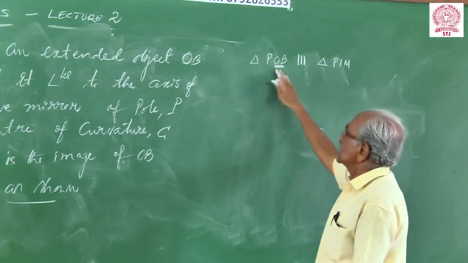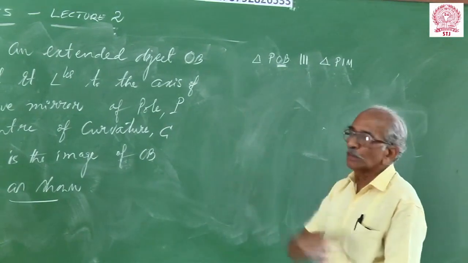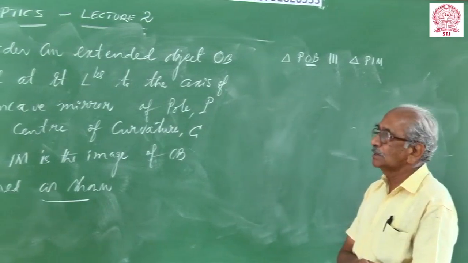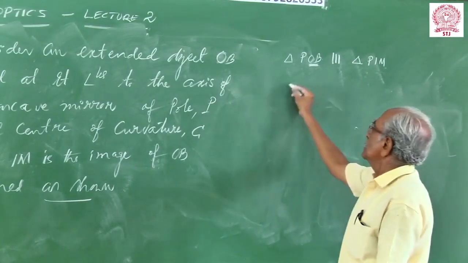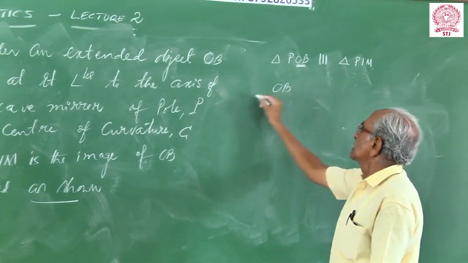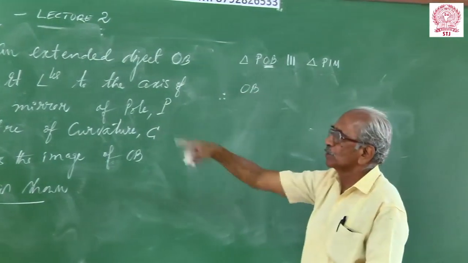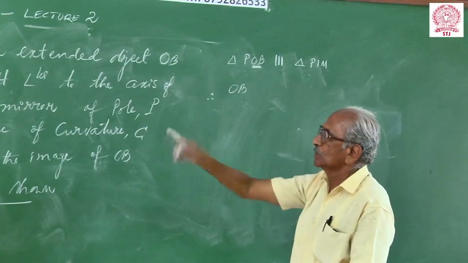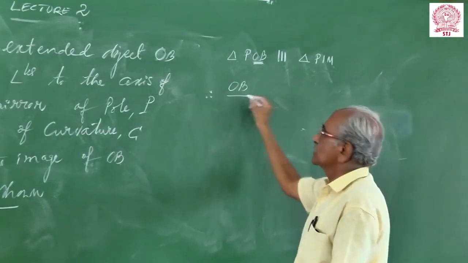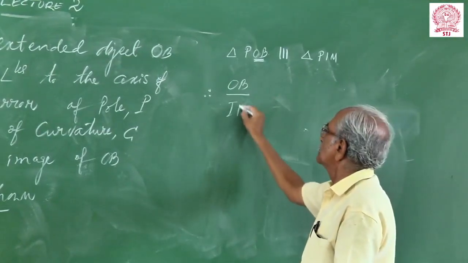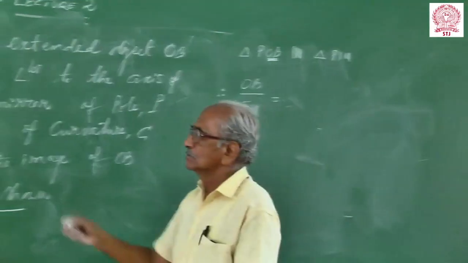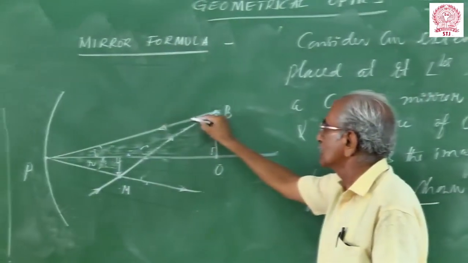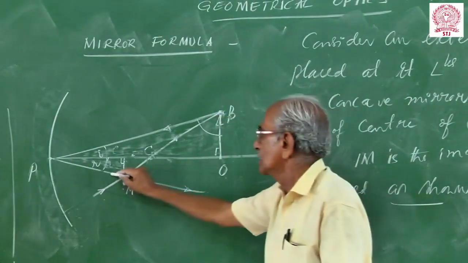Now if the triangles are similar, sides are proportional. You have to write the sides opposite to equal angles. See, opposite to I is OB, equal angle R, opposite side is IM, that must be equal to, see this angle, the third angle must be necessarily equal.